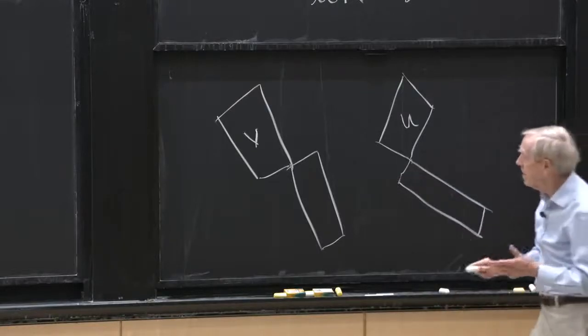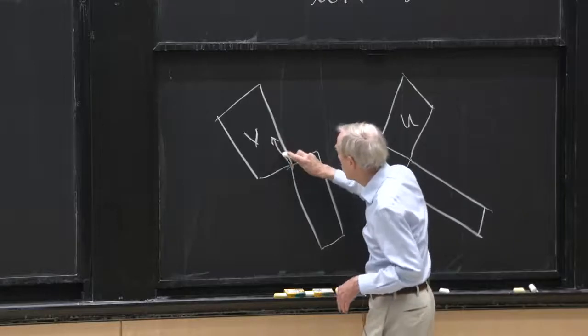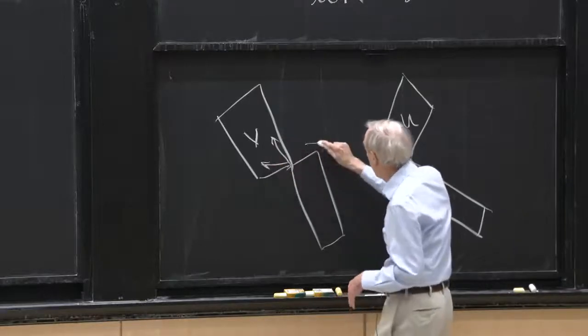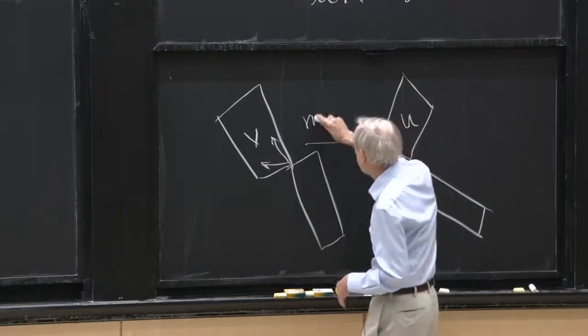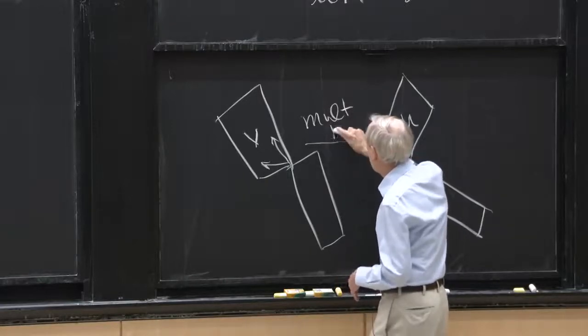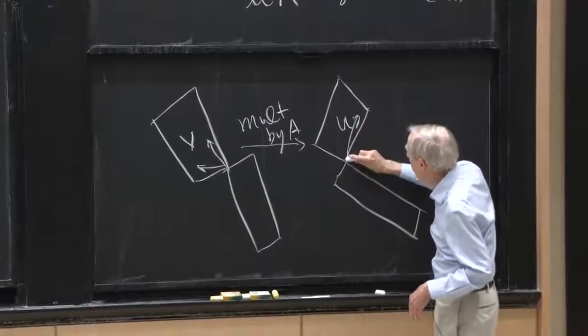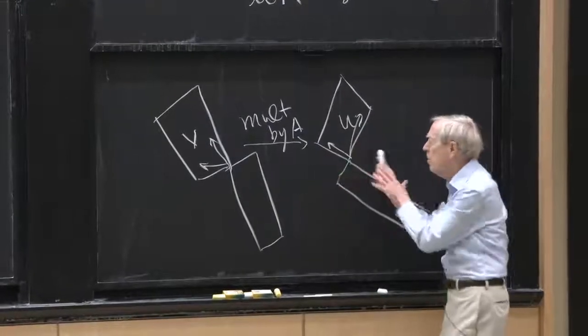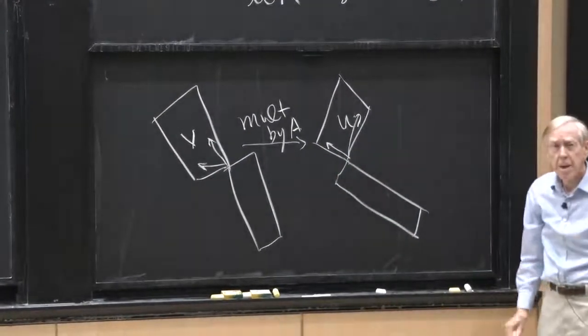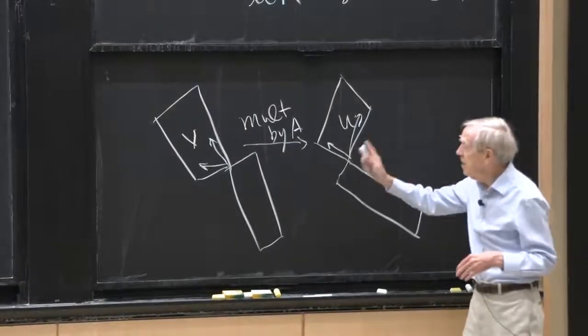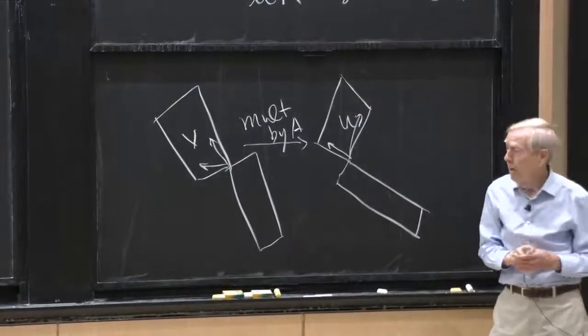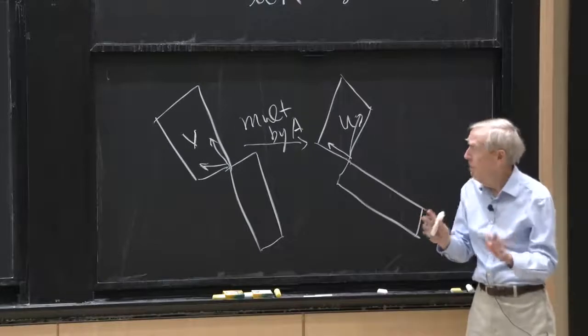And the idea is that I have orthogonal V's here, and when I multiply by A, then I get orthogonal U's over here. Orthogonal to orthogonal. That's what makes the V's and the U's special. Right. Okay, that's the property.